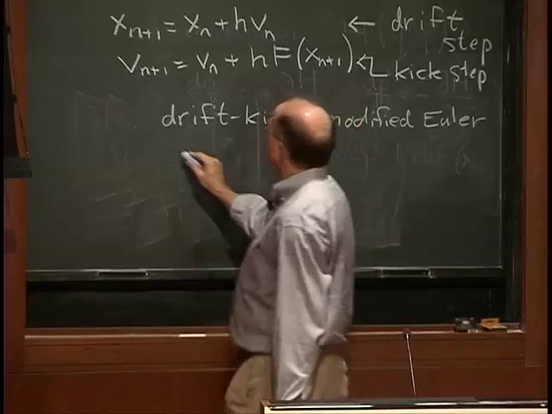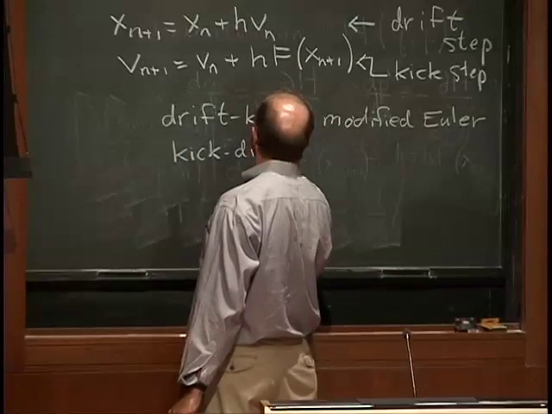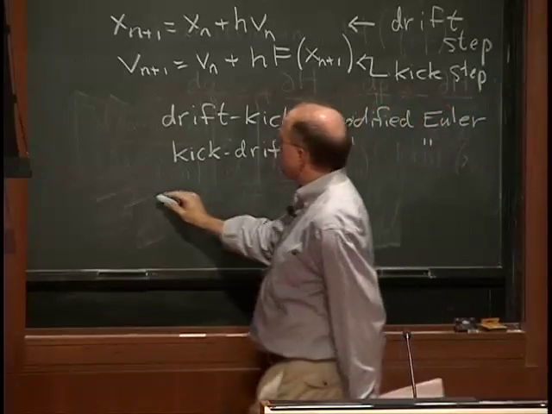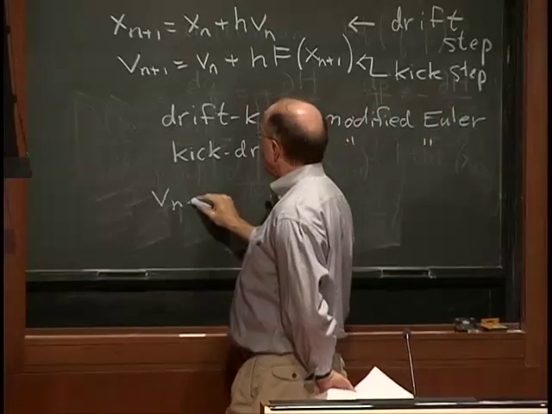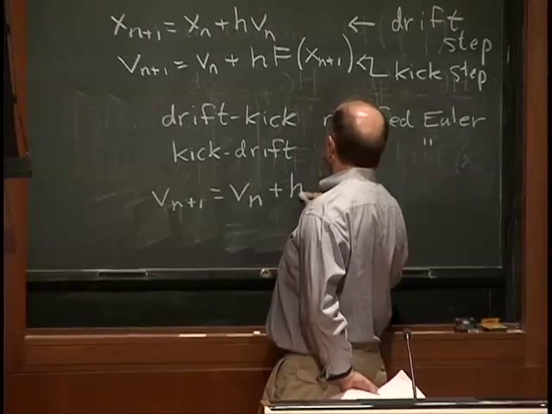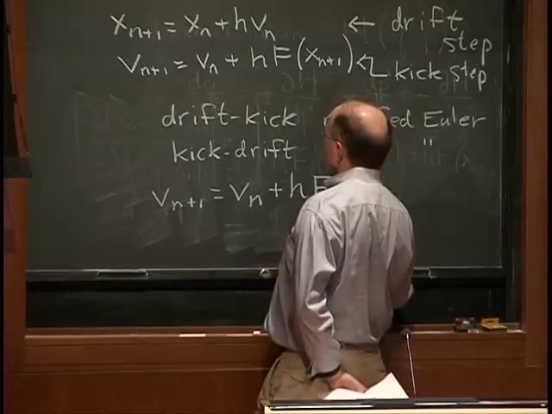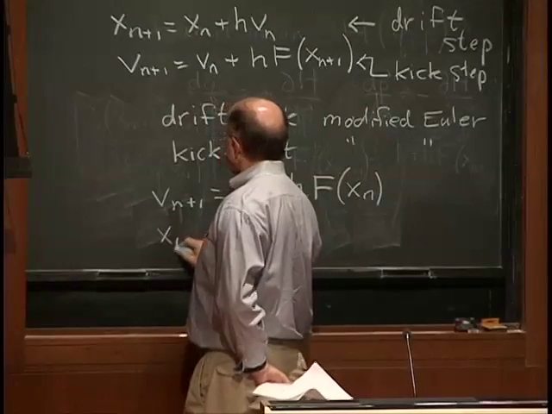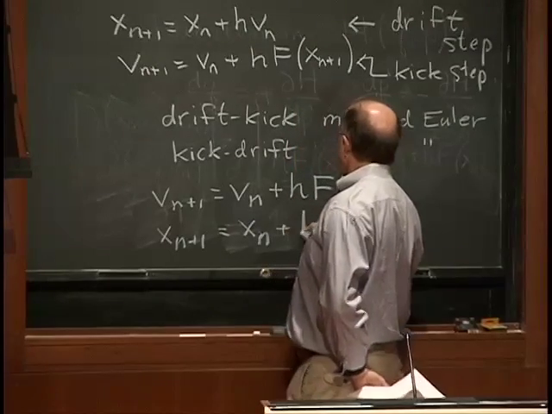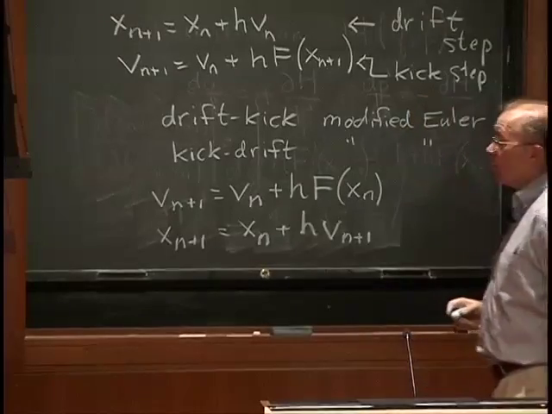You could equally well have kick drift modified Euler. In that case, you'd first say Vn plus 1 is Vn plus h f of xn. Xn plus 1 is xn plus h v n plus 1.